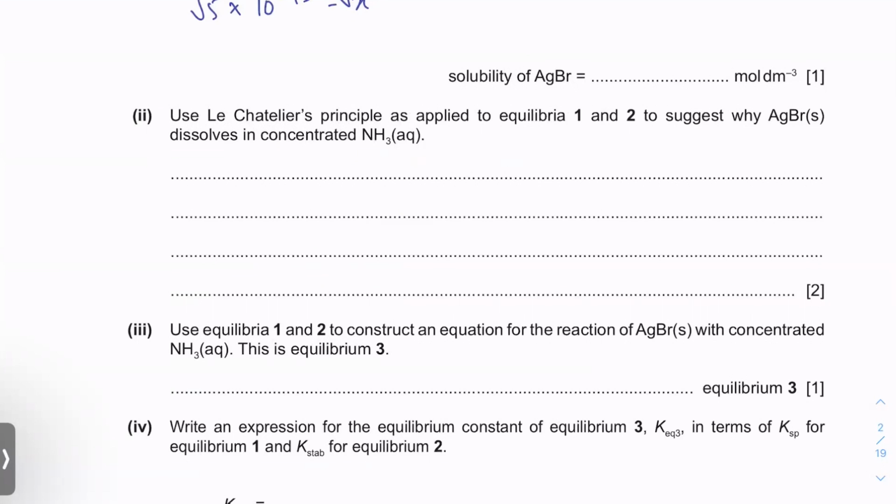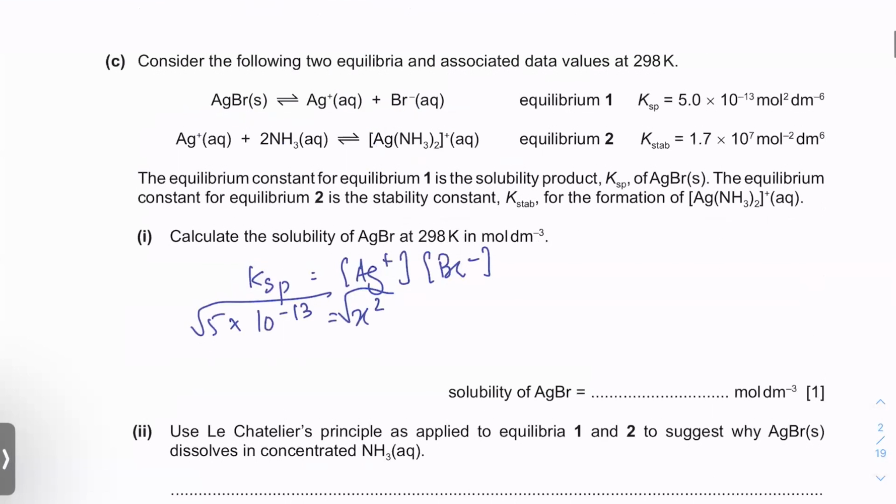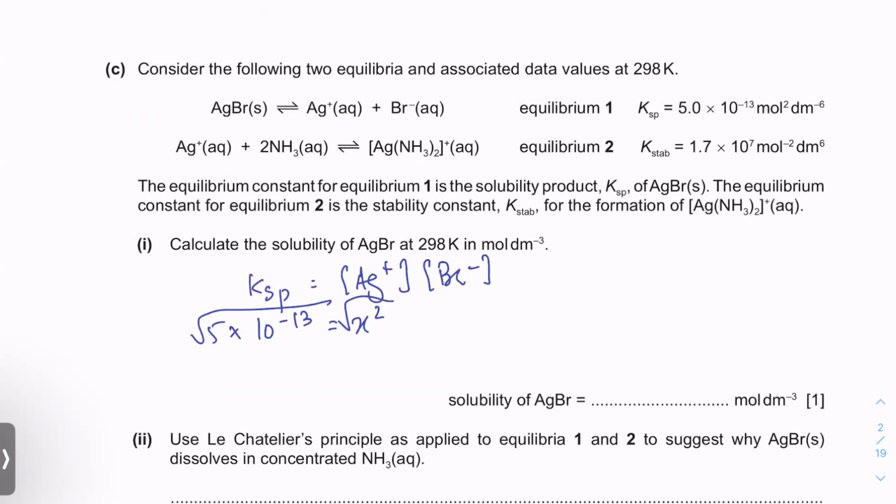Use Le Chatelier's principle as applied to equilibrium 1 and 2 to suggest why AgBr dissolves in concentrated ammonia. So if I add ammonia to AgBr, what's going to happen? Look at this equation. The concentration of ammonia is increasing. When it increases, it goes forward.